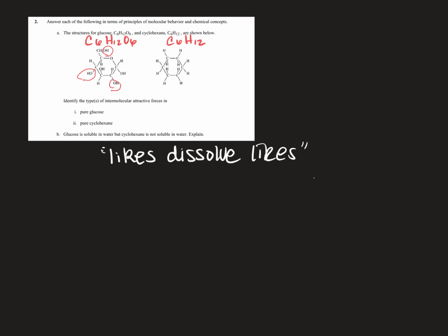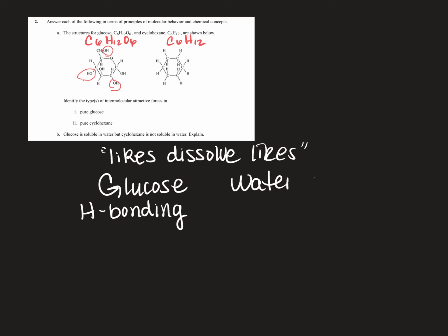What that means is polar substances dissolve polar substances, nonpolar substances dissolve nonpolar substances. So when we look at glucose, we know glucose has hydrogen bonding. Water has hydrogen bonding.